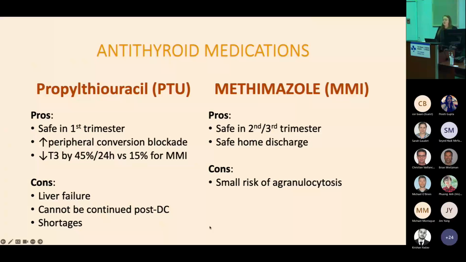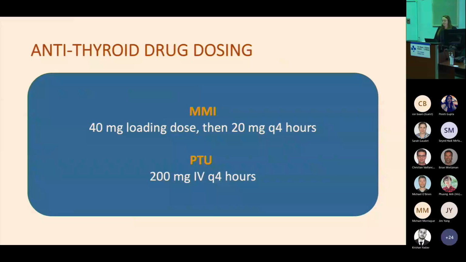The other thing is that those initial studies that were done more than 40 years ago showing that PTU decreased thyroid hormone levels much quicker than methimazole are still present. And so in people who are in overt cardiogenic shock as a result of thyroid storm or are quite ill, they still do suggest the use of PTU in that entity. For those who are studying for the exam, these are your doses.